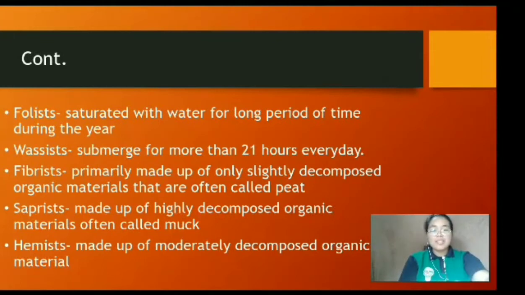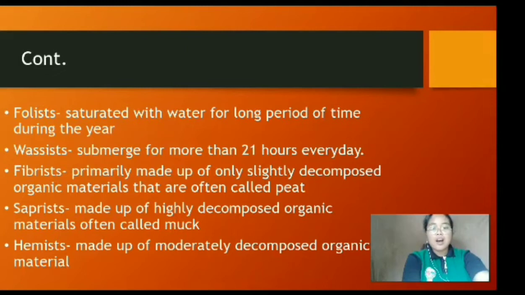folists are histosols that are saturated with water for a long period of time during the year, but well drained, while wassists are submerged for more than 24 hours every day. Fibrists are primarily made of only slightly decomposed organic materials that are often called peat, while saprists are primarily made up of highly decomposed organic materials that are often called muck.